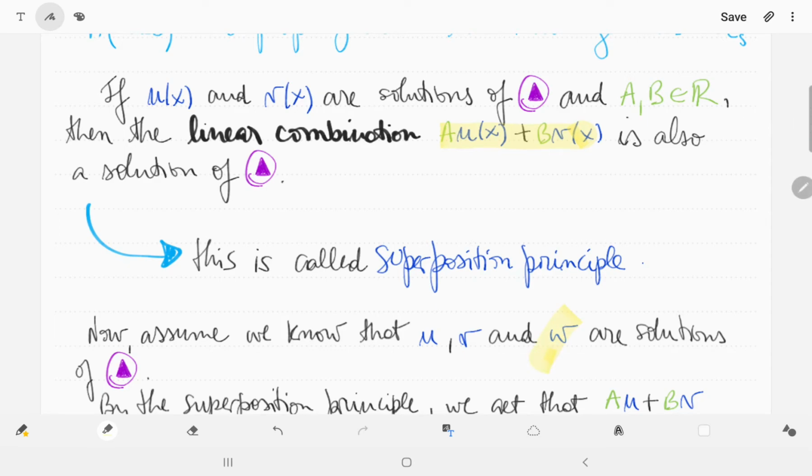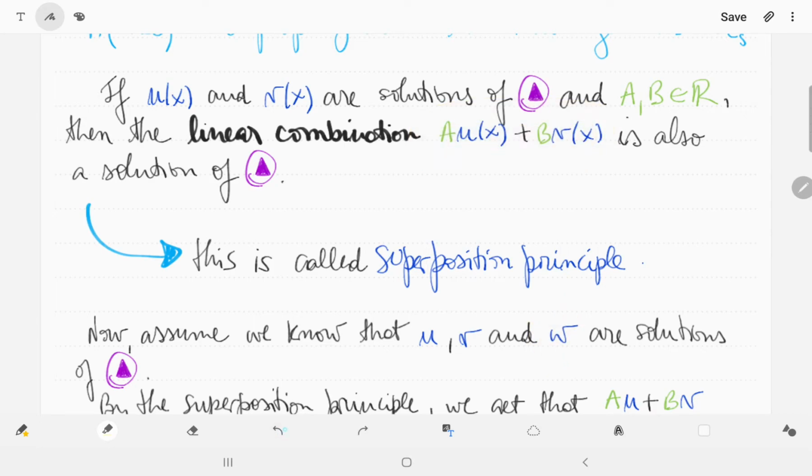Okay, so then this new solution, 5u plus 6v, is one solution, w is one solution, so any combination between this new solution plus w is again another solution.